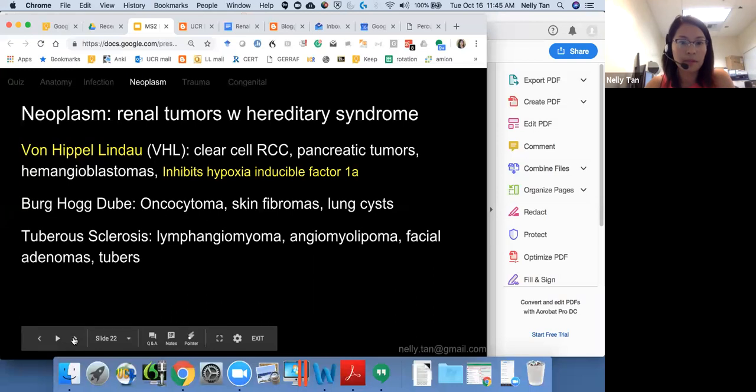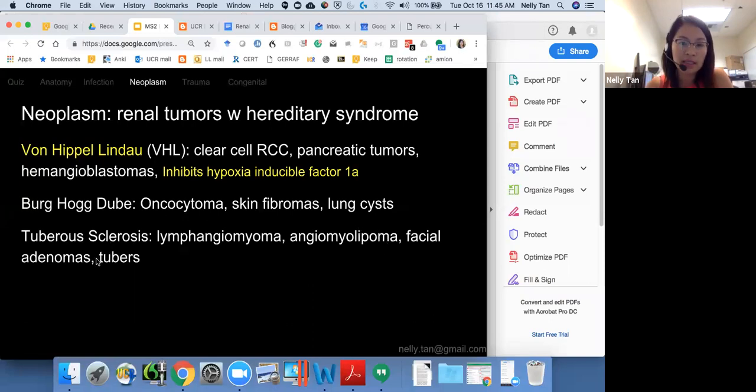Okay. So it's similar with TS. These are all benign, angiomyolipomas, adenomas, but the problem is not malignancy, it's the complications they cause. Angiomyolipomas can get so big that they can rupture because they have vessels. Angio, vessels, myo, muscle, and fat.